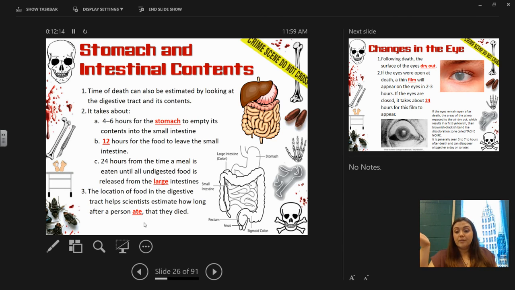They know he ate at 6:30. When they find his body, he still has food in his stomach. Well, that means he was killed within 4 to 6 hours after eating, which was at 6:30. So from 6:30, we have 7:30, 8:30, 9:30, 10:30, maybe 11:30 if it's in that 4 to 6. So probably 11:30 and down, he was murdered in that time frame because he still had food in his stomach.